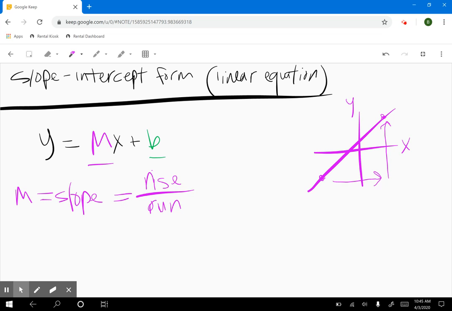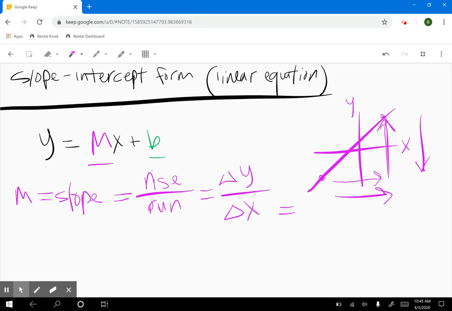Okay, so our rise over run, another way to say it is what's the change in y, so what are we going up or down in the y direction, over the change in x. So when we're going right for our x. To calculate it, you can use two different coordinates.